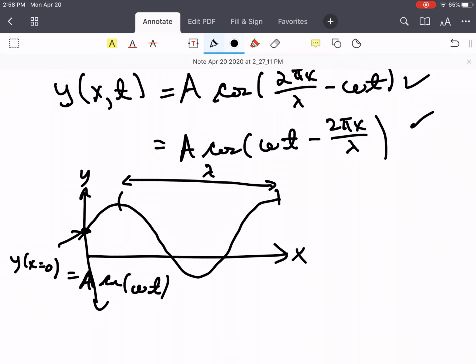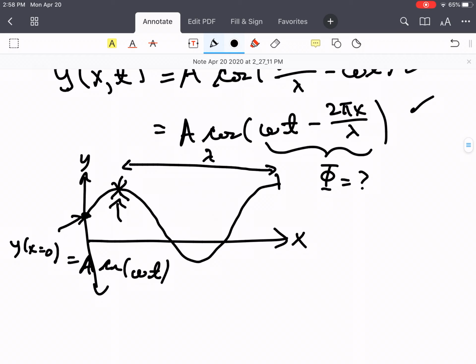Now, if I take a look at the maximum, what properties can you tell me about this phase, which we'll call capital phi, at the maximum value? So where does the cosine return its maximum value?